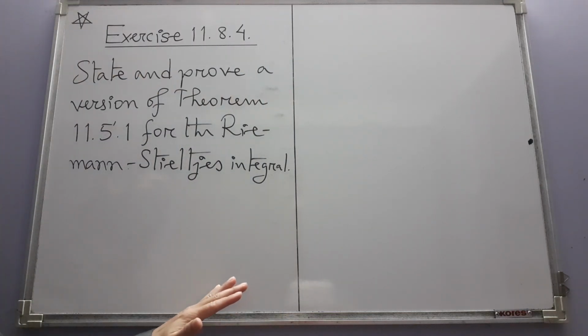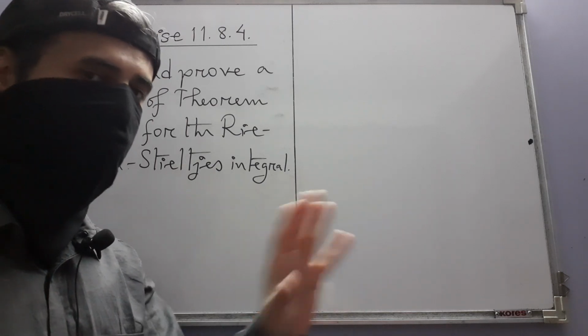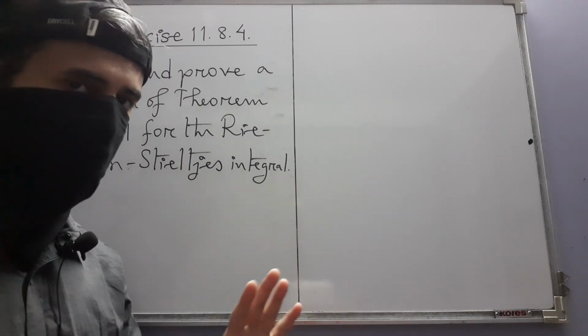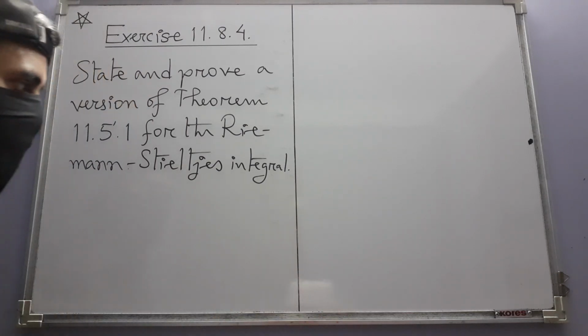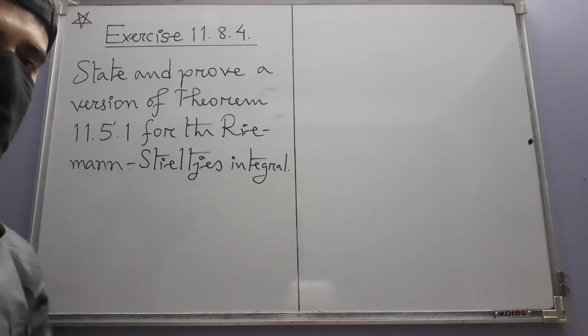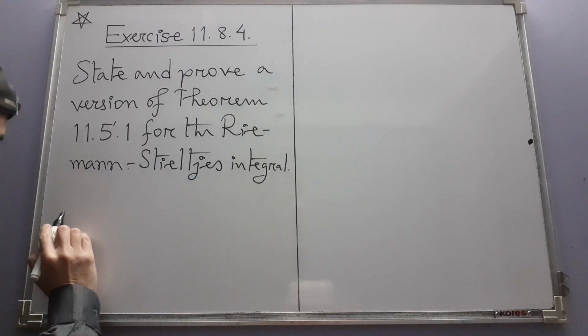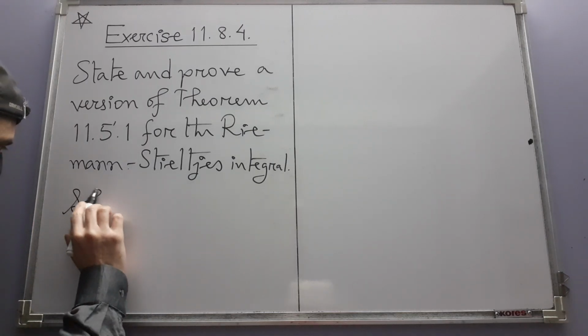Now before we do that, we are going to need some similar versions of a few other results about Riemann integration. So let us start with them and let's make them a part of the solution itself. Accordingly, we start the solution like this.